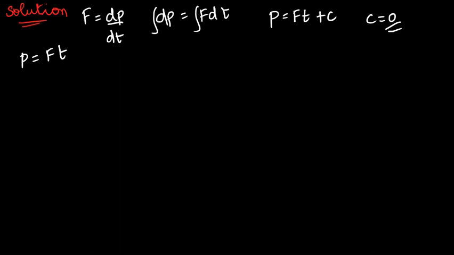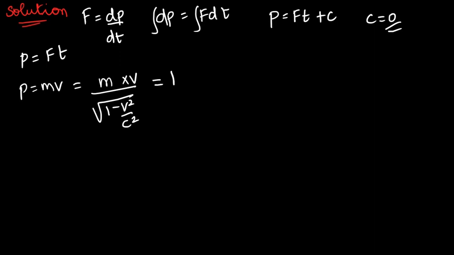Now what do we know? That this is a relativistic particle. And I also know that p is equal to mv. Since it is a relativistic particle, I can write this as m divided by root over 1 minus v square by c square, into v. And similarly, I can equate this to Ft.